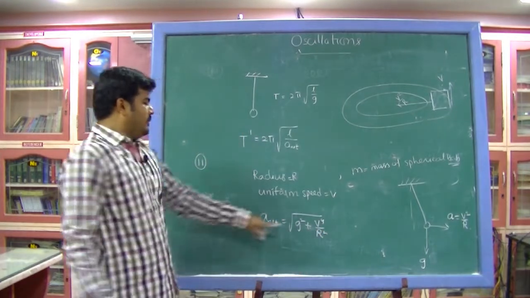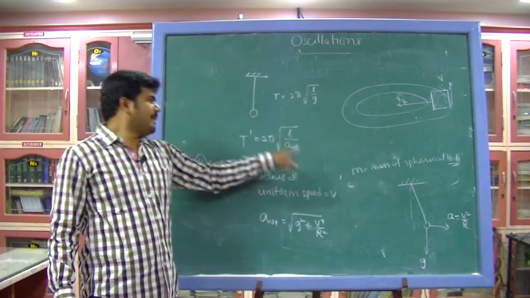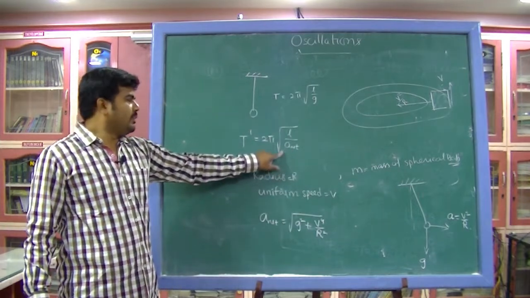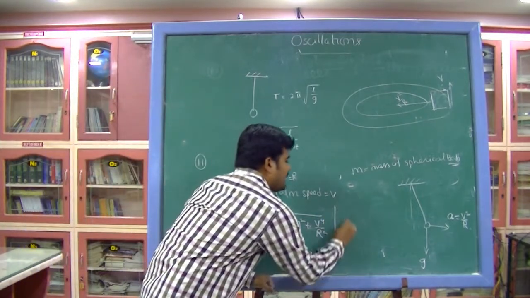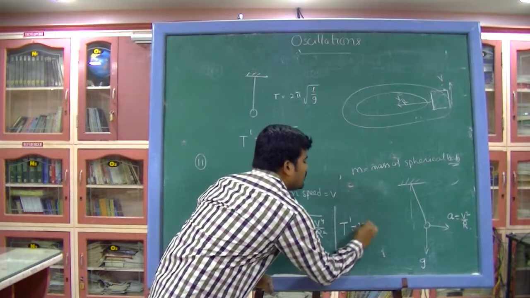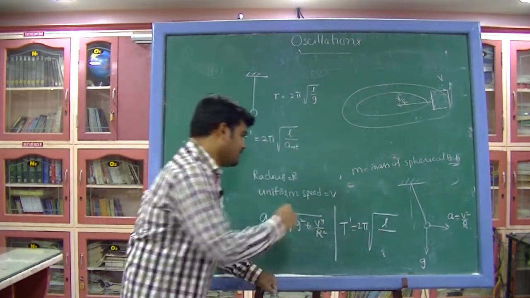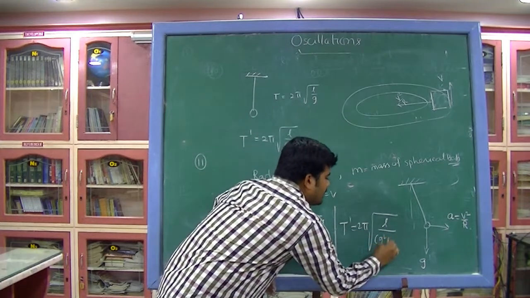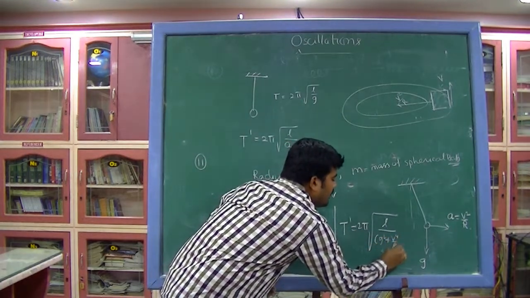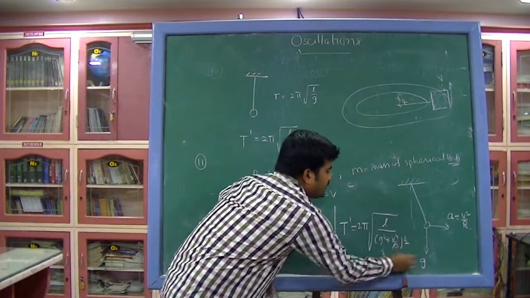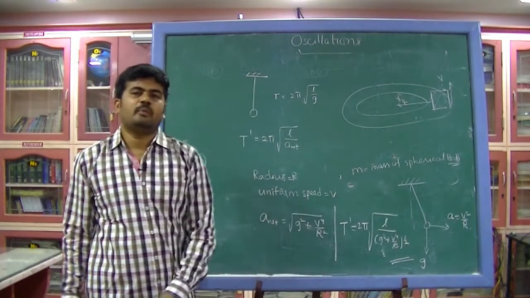After getting the net acceleration, substitute it back in the time period. So, T dash is equal to 2 pi into root of L divided by, remember the square root is there inside, g square plus v power 4 by r square to the power of 1 by 2. So, this is the answer for this problem.